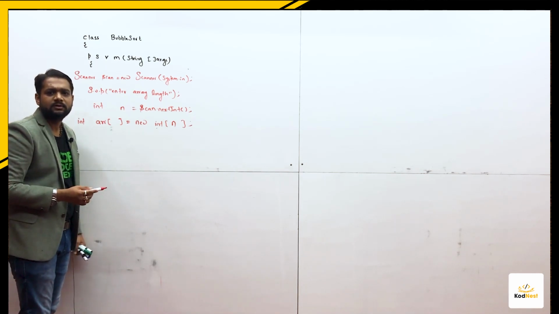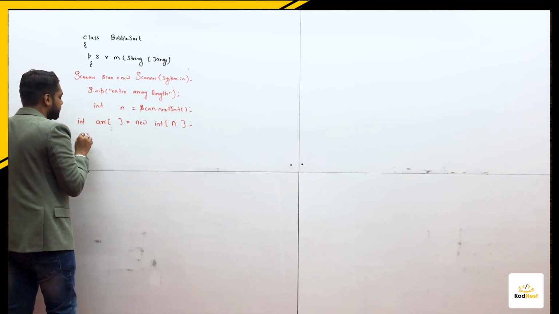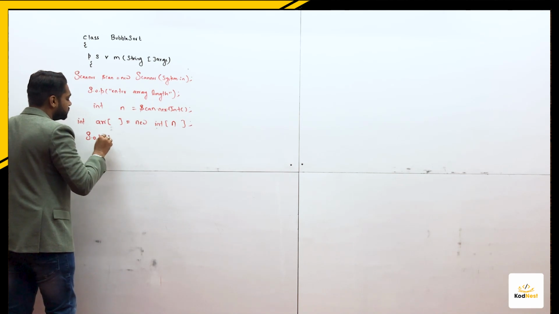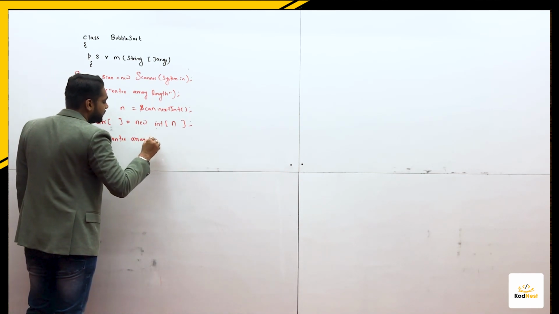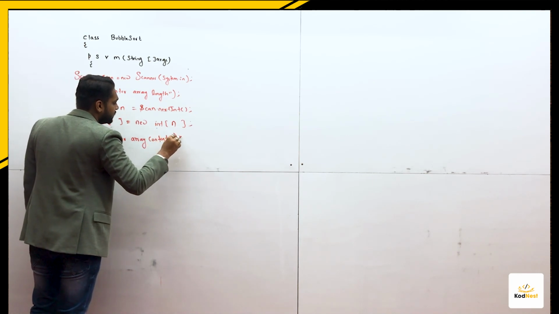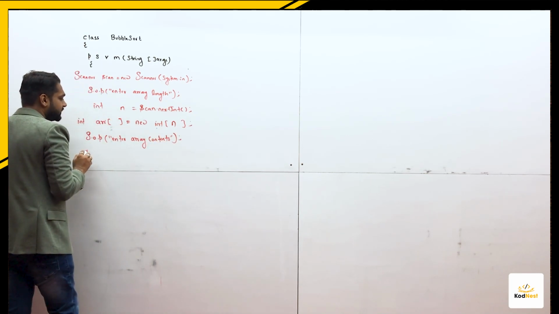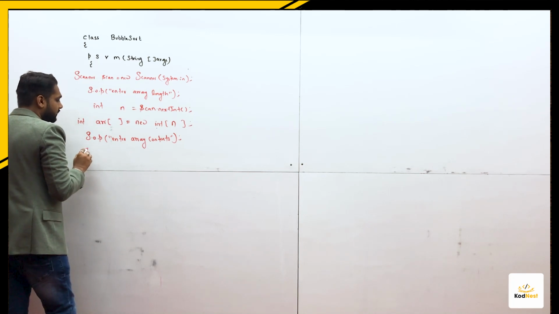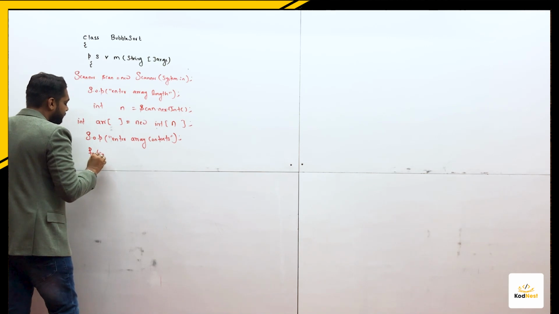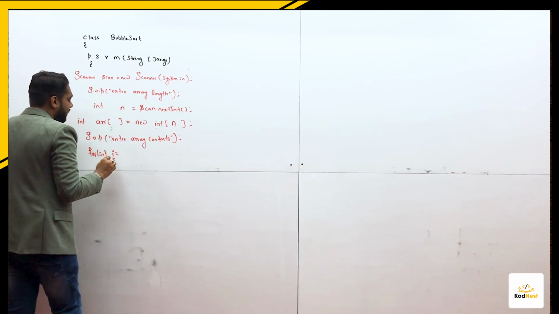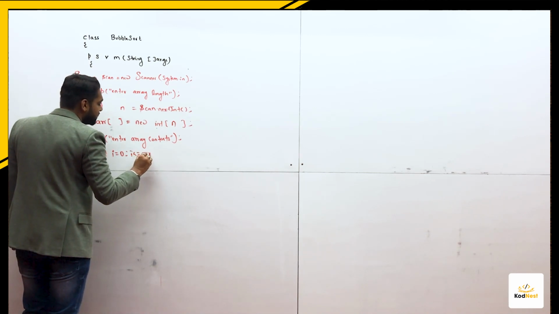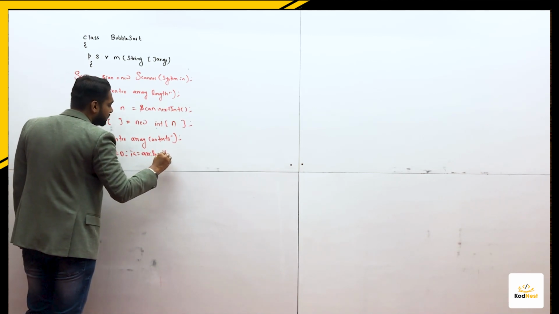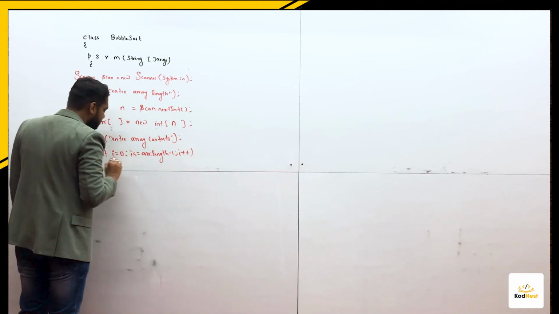What will I sort? So I would ask the user, System.out.println, enter array contents. By seeing this message, the user will enter the array contents. I would collect it with a for loop: starting from i equals 0, go until i is less than or equal to array dot length minus 1, i plus plus.